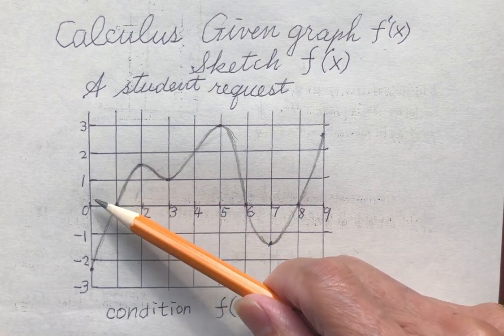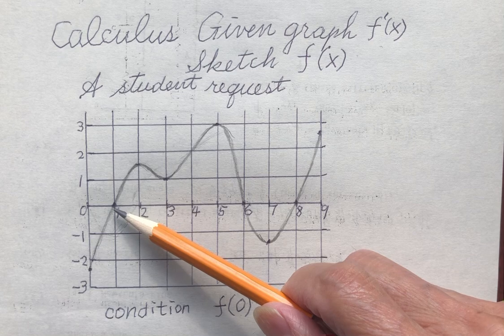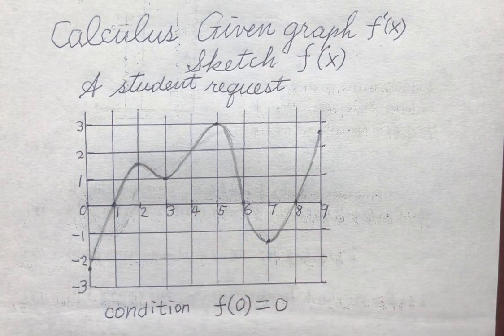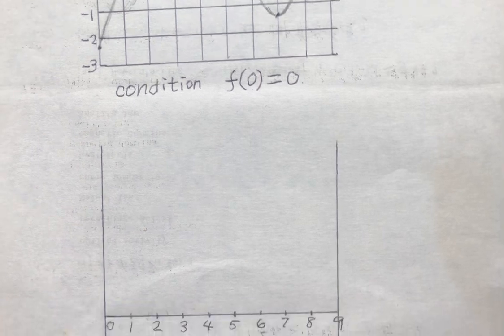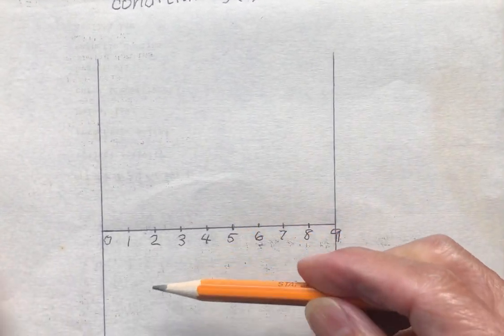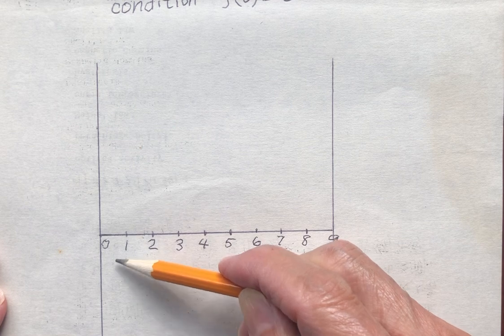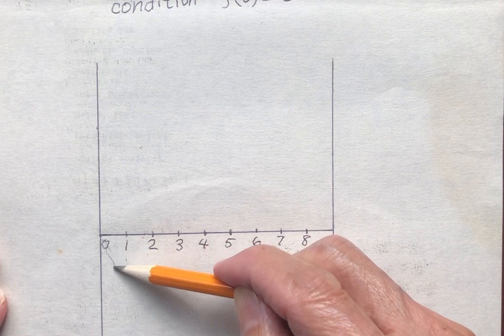So from decreasing to increasing, it is a minimum. So I have a minimum at x equals 1. I start from here. I have a minimum here, so I have something like this.